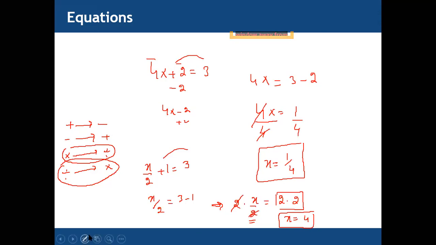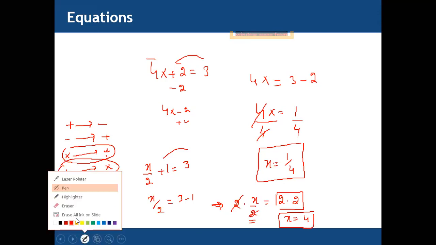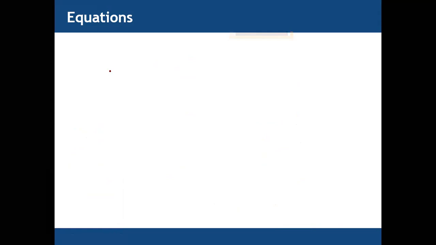Next question, you will try and you will tell me the final answer. We have 3x divided by 2 plus 4 equal to, let's suppose, 2. What will be the value of x? Solve and then tell me. 4 by 3.